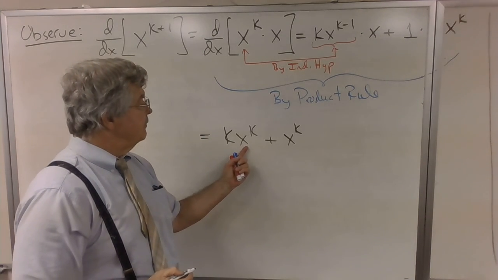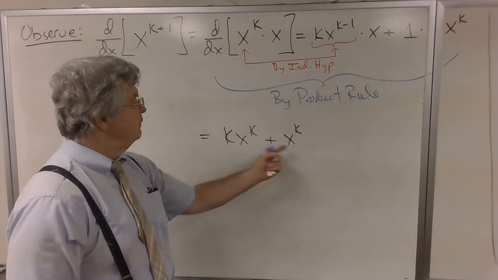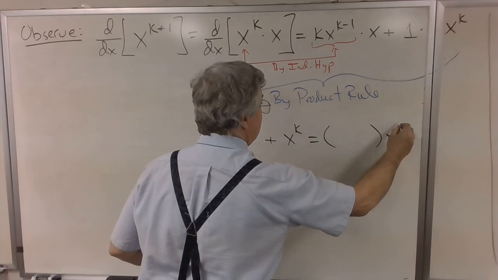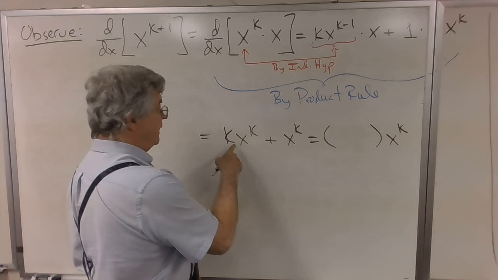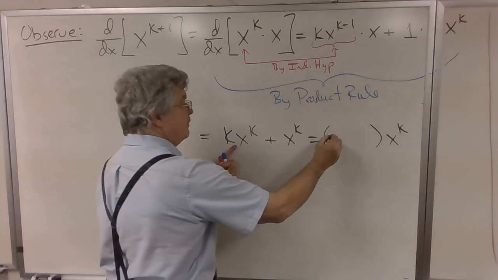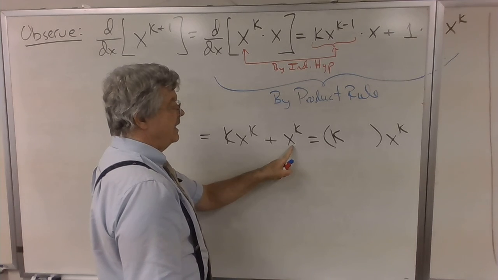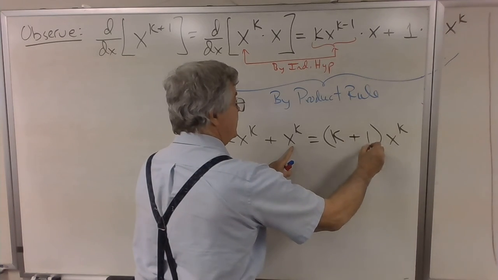Okay, I'll just factor x to the k out of each of these terms. I factor x to the k out of this term, I have k. I factor x to the k out of that term, I have 1.